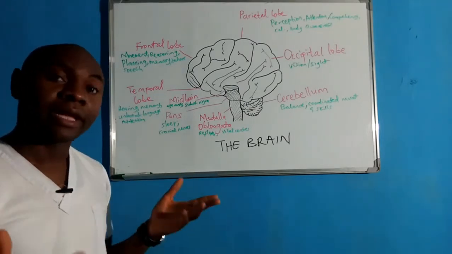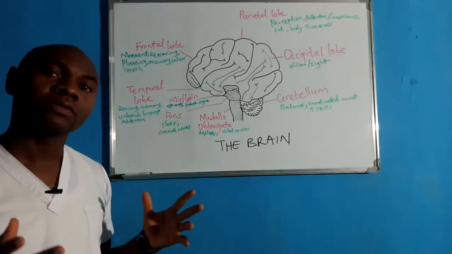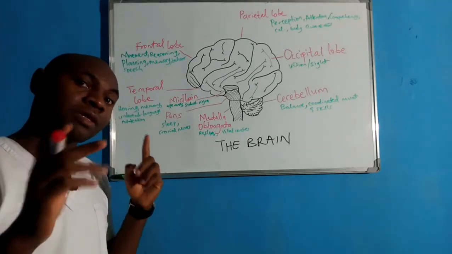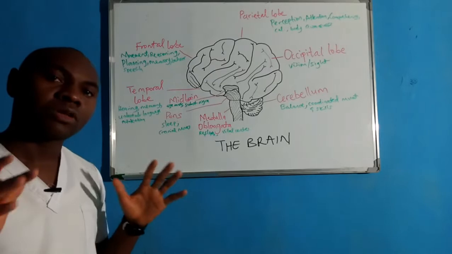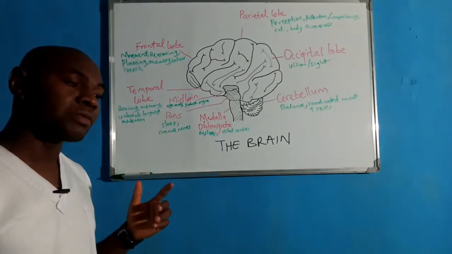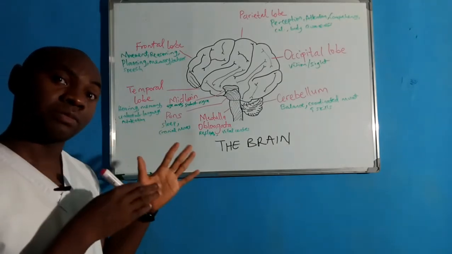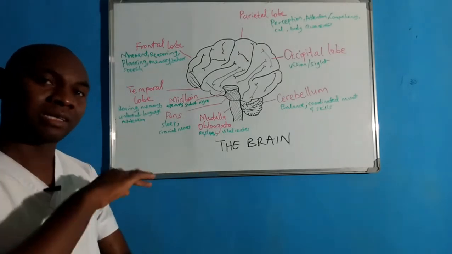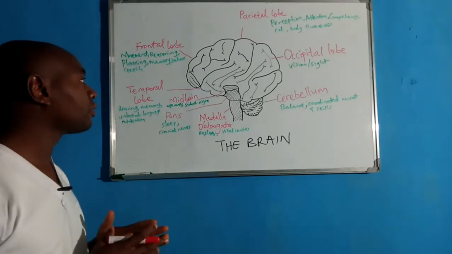So, for example, like in stroke, which we've commonly seen, if somebody is affected in the left part of the brain, the person's limbs on the right side will not be active. The person will have paralysis, cannot move the limbs only on the right side. Why? Because the right part of the cerebrum controls the left part of the body, and vice versa. Alright, that's just a passing information.